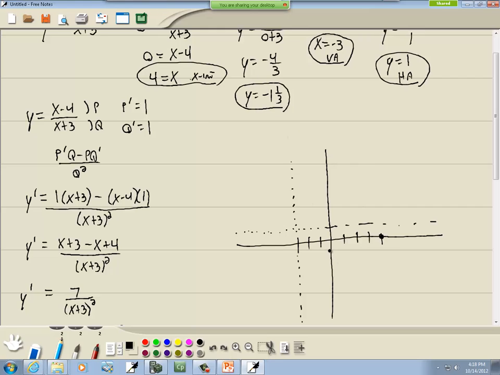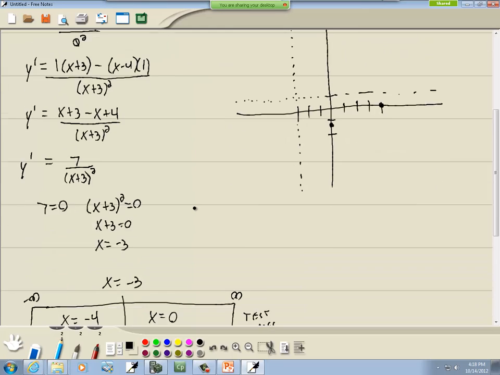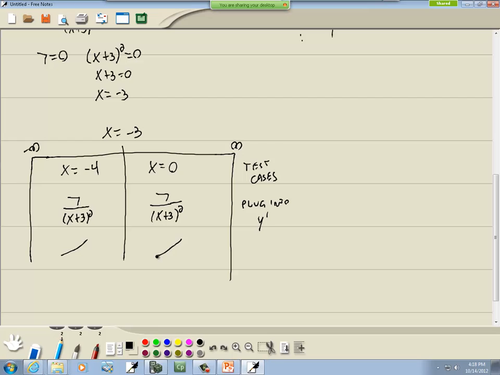Y-intercept is at negative 1 1/3. Maybe right there. It's increasing. Let me write down the intervals here. Increasing from negative infinity to negative 3. And it's also increasing from negative 3 to positive infinity.